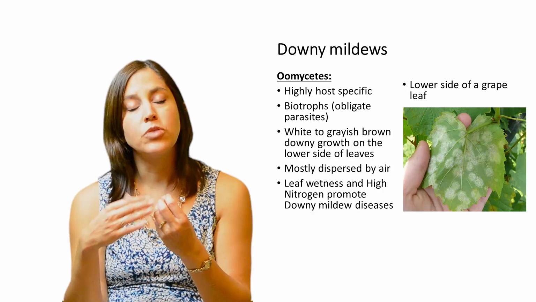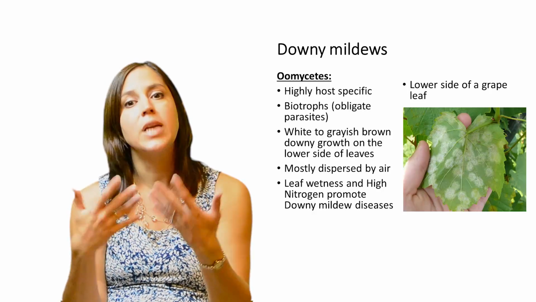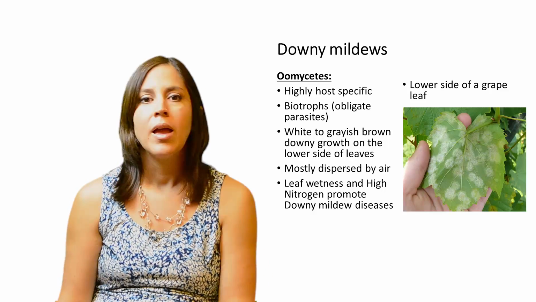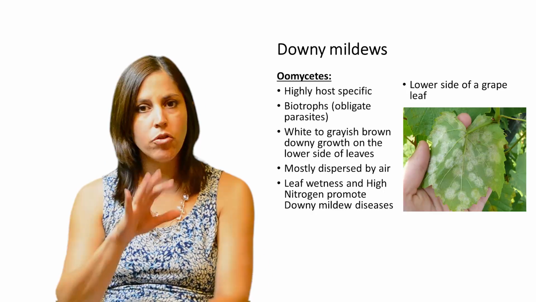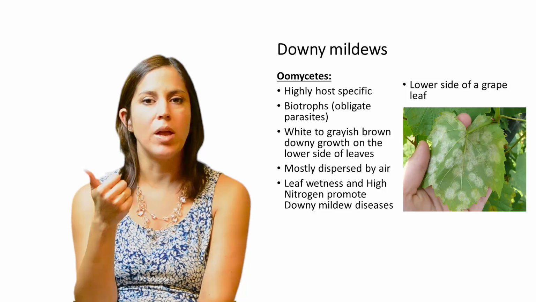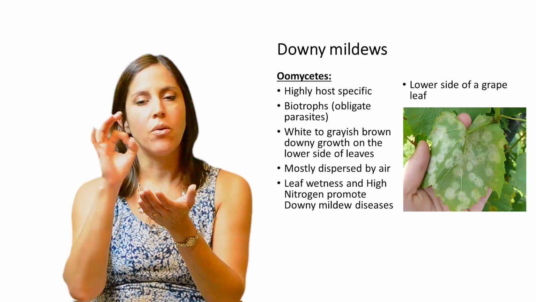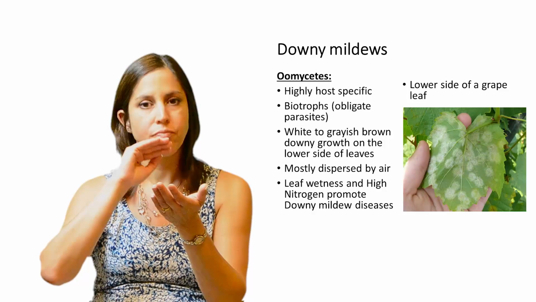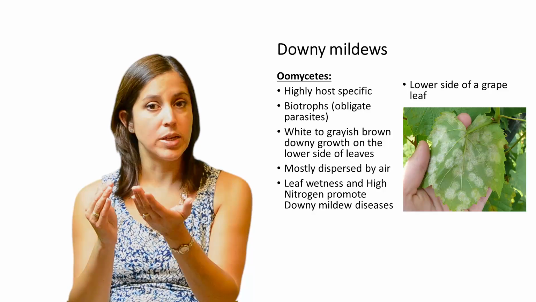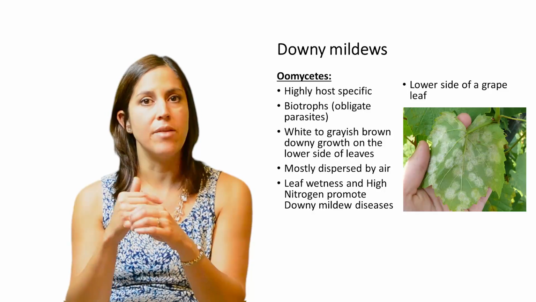And this is just because the leaves are going to be more tender because of the amount of nitrogen that is present. And in the slide, what you can see is the lower side of a grape leaf that has the white blotches, but it's on the lower side, not on the top of the leaf.